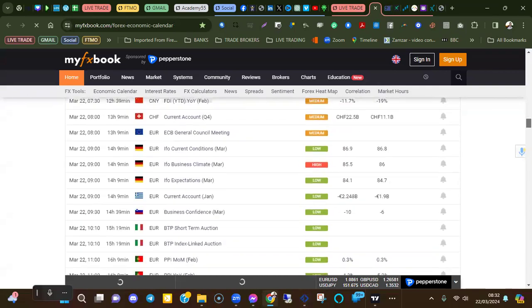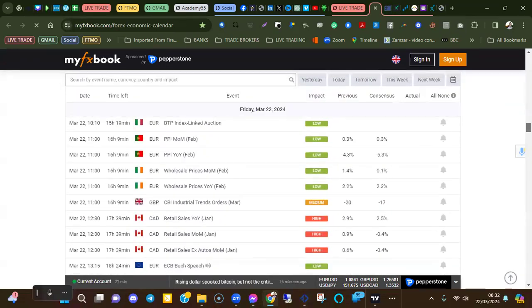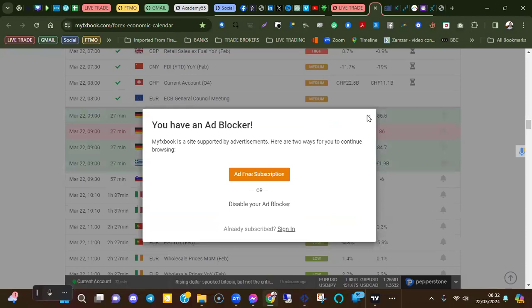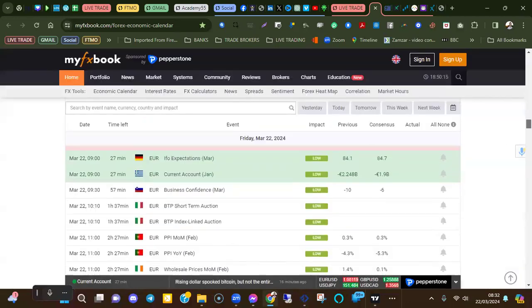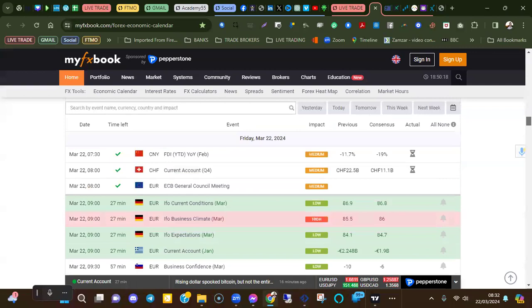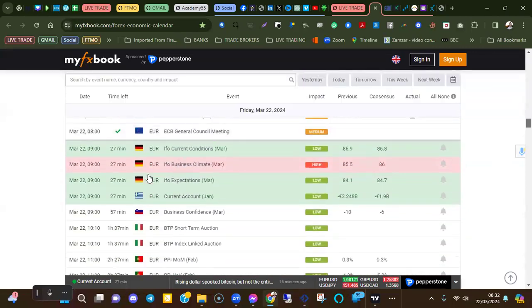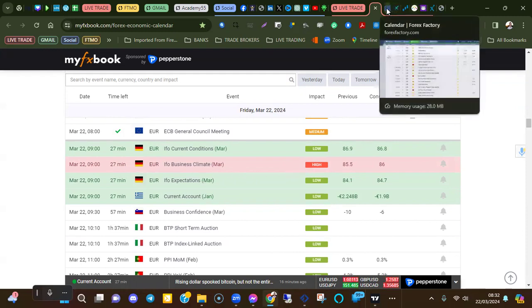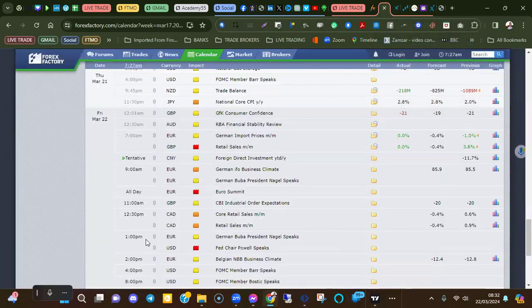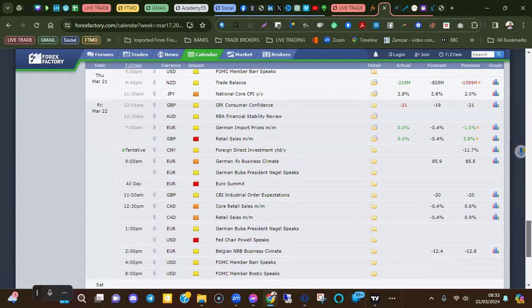We're on Friday at, hang on, there we go. We have high impact news at 9 o'clock for the euro. So it says high impact on my FX book, but on my Forex Factory, it's only marked down as orange. So there's a bit of a conflict of interest there.